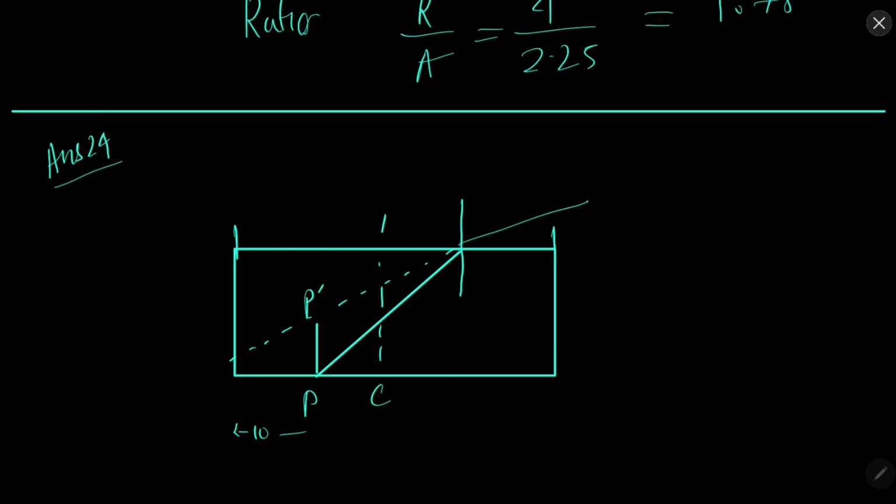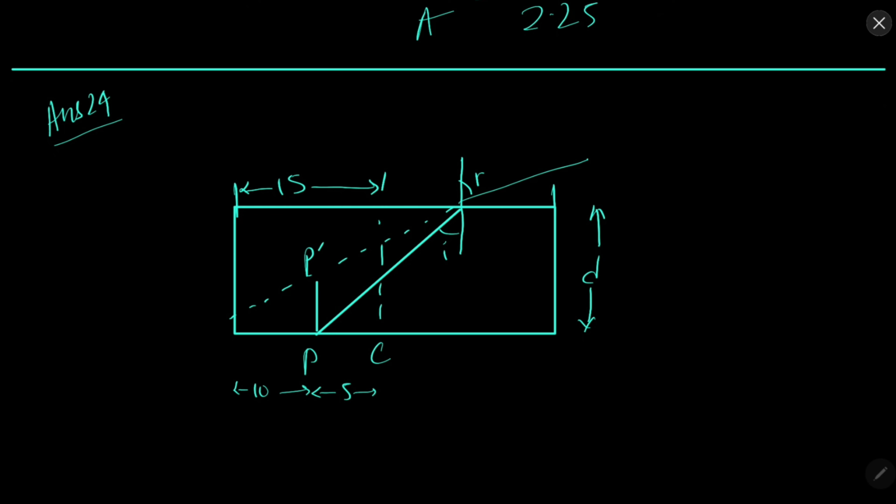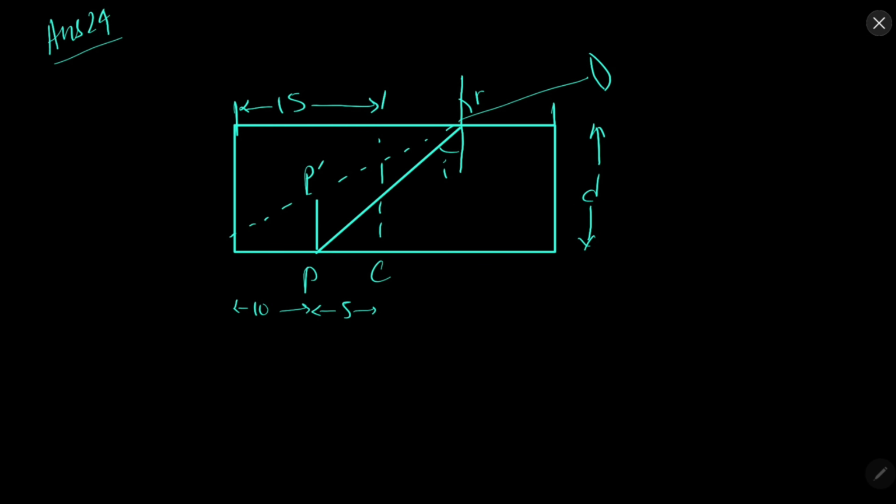This is 10. This is 5. This is R. This is I. This is 15. This is D. So this is all we have, and the I is here.